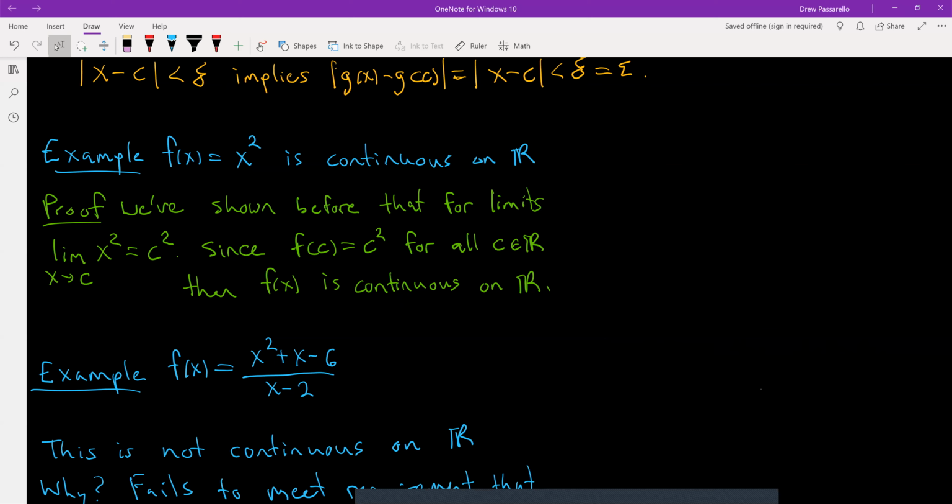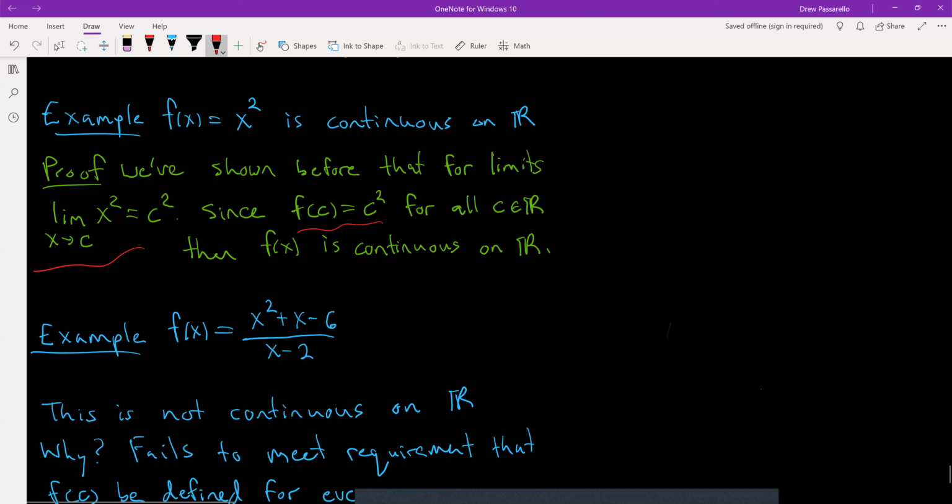But since f of c equals c squared for any c in the reals, that means f of x is continuous. And the delta epsilon proof for this would be like the delta epsilon proof that we did for the limit version of x squared equaling c squared. So I'm going to spare us the details for that.